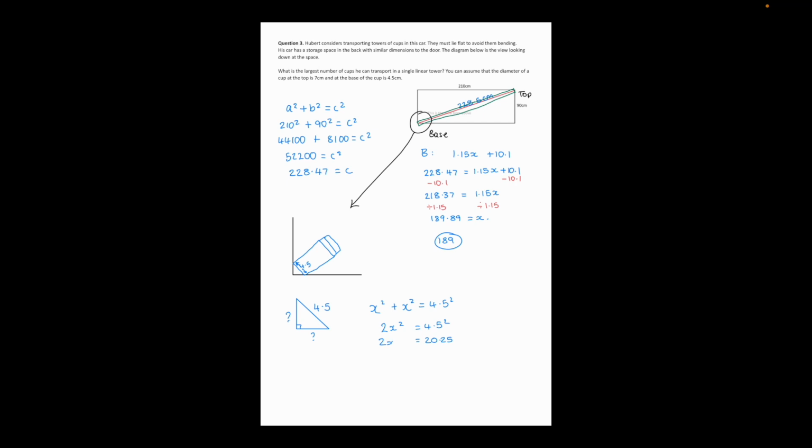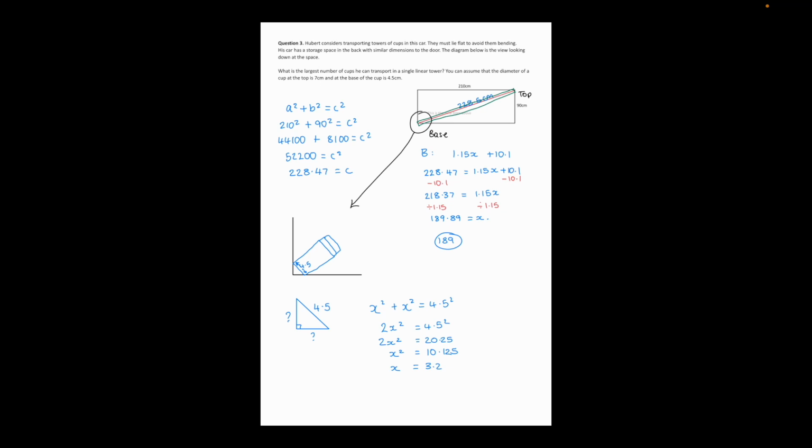So 2x squared is equal to this, which means that if I divide by 2, I find that x squared is equal to 10.125. And when I square root my answer, I find that x is around about 3.2. I'm having to be approximate here.